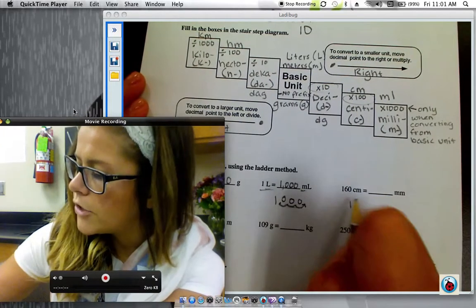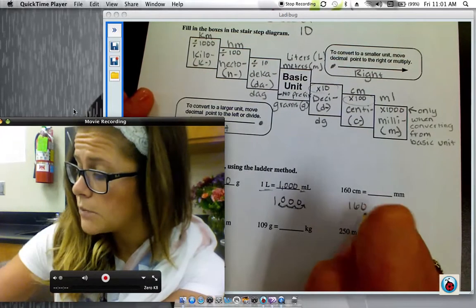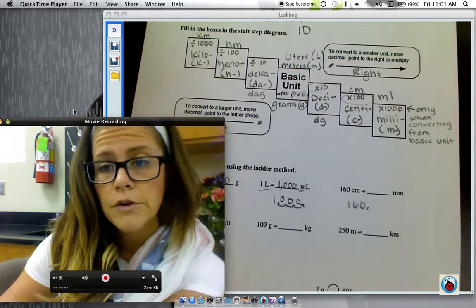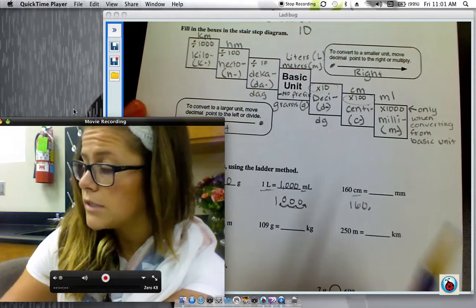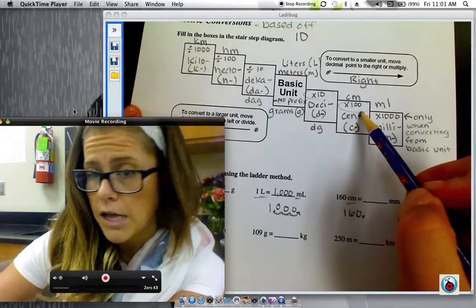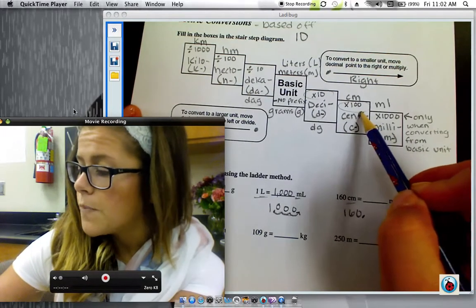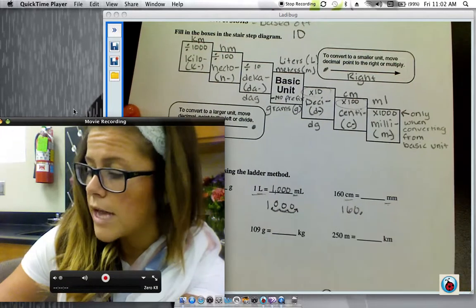We have 160 centimeters. Always start by putting the decimal at the very end of the number. We have to find where centi is. So centimeters, the centi is the prefix. Here's centi on our ladder. And we have to go then to where the prefix M is. So that's the milli.